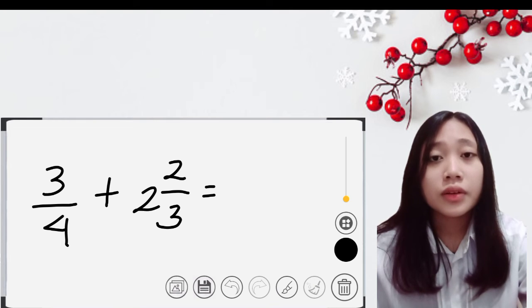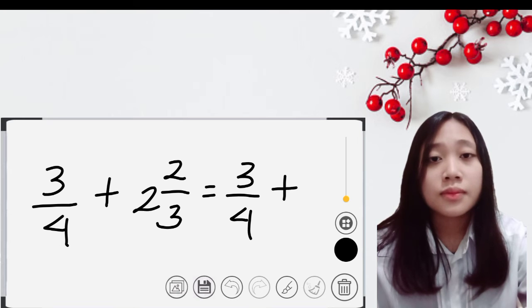The first step, 3 over 4 is still written, because here the form is addition, so here we write plus. Then, for the mixed fraction 2 over 3, we convert it into a common fraction.